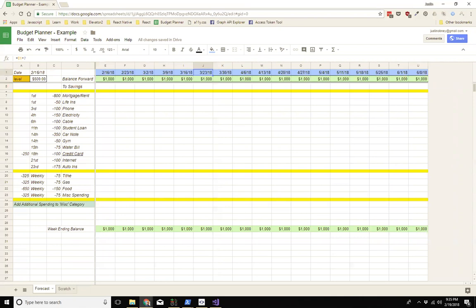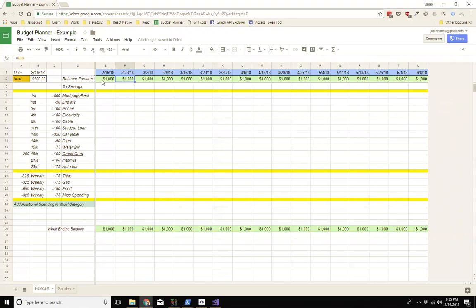Then there is the week ending balance, and that is once we get paid and then pay our bills, how much will we have in our checking account after we pay our bills. This number will roll over to the balance forward of the next payday.